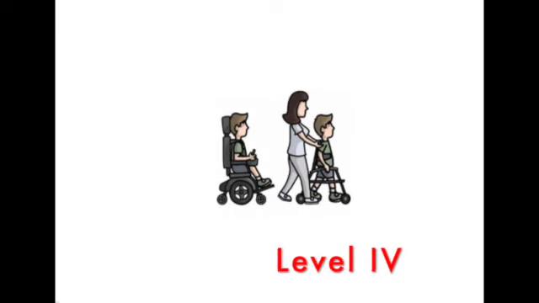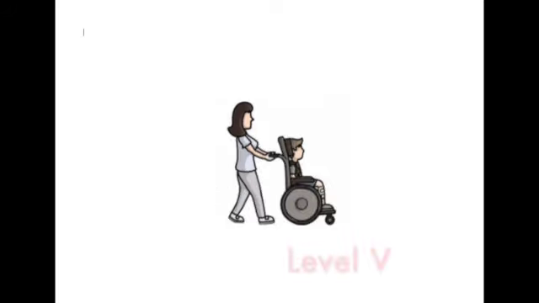So they may have an attendant push them in a chair. They may have independent mobility in their chair if they have a powered chair, and they have limited ability for walking, and that's more in a therapeutic setting. Children at level 5 use a wheelchair for all their mobility, and they have difficulty with head and trunk control.